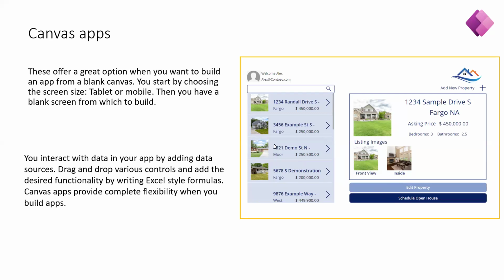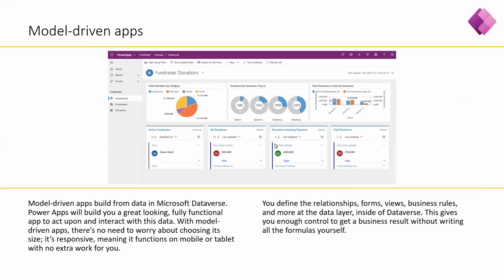The second type of app that we have is the model driven app. When we talk about model driven apps, this app design is an approach that primarily focuses on adding components such as forms, views, multiple charts, dashboards, and tables as well, with the help of specific tools.